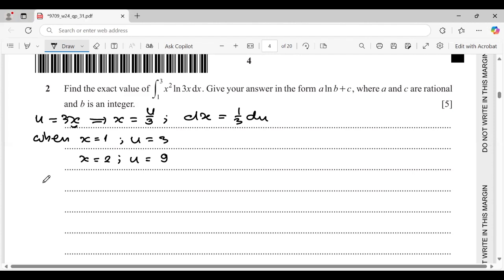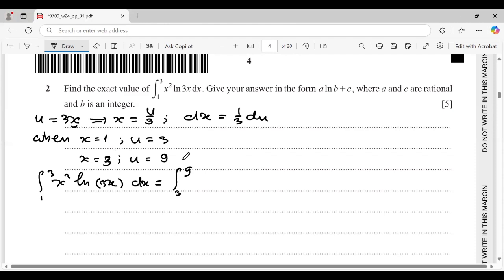After that we are going to substitute into the integral. Sorry, this is when x equals 3, this is 9, not 2, this is 9, because 3 times 3. So the integral of x squared ln 3x dx from 1 to 3 becomes the integral from 3 to 9.